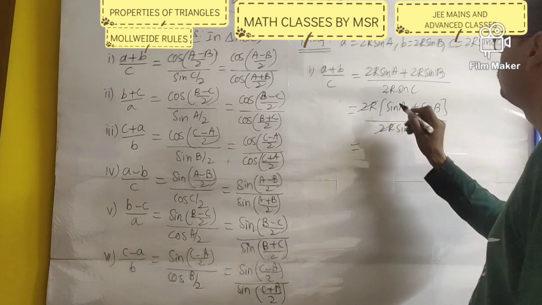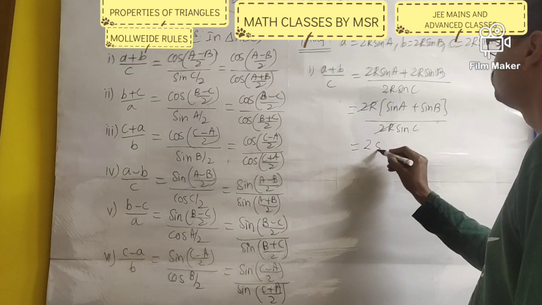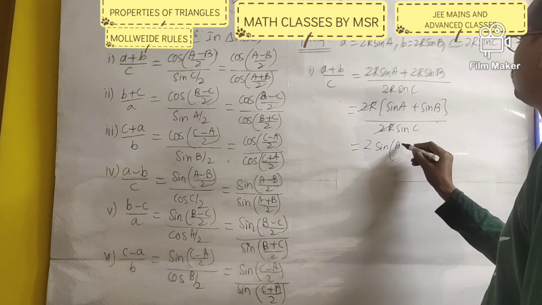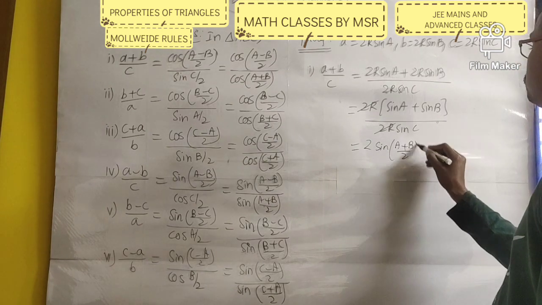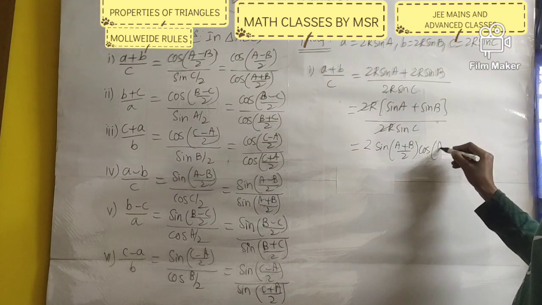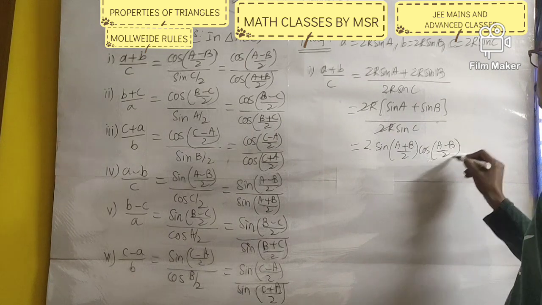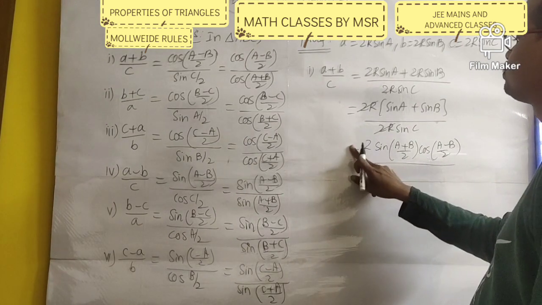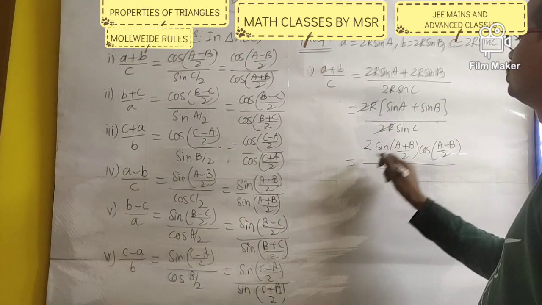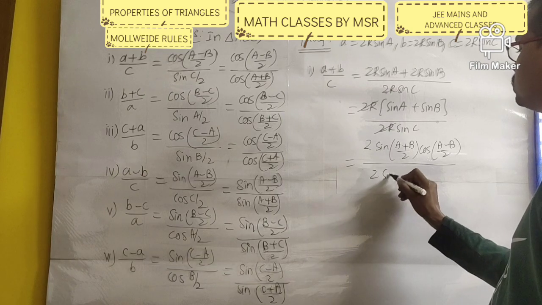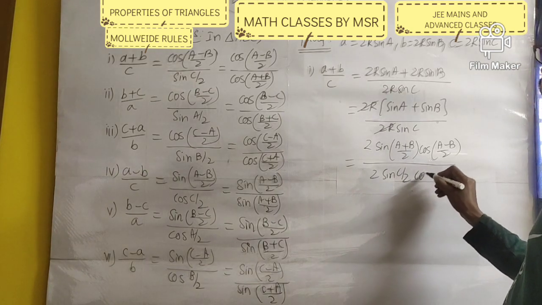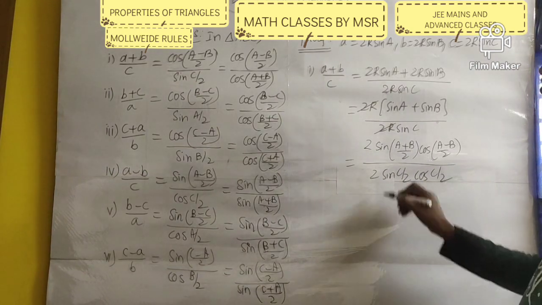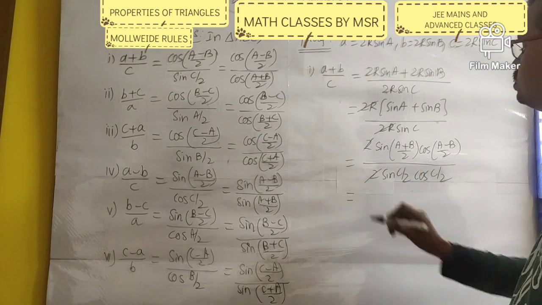Same here. Sin a plus sin b can be written as 2 sin of (a plus b) by 2 cos of (a minus b) by 2, by sin c, which can be written as 2 sin c by 2 cos c by 2. 2 and 2 will be cancelled.